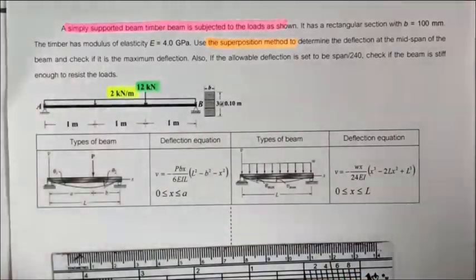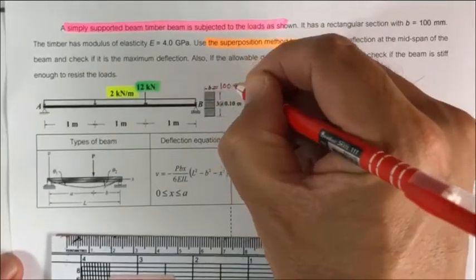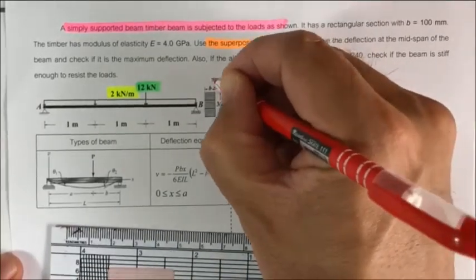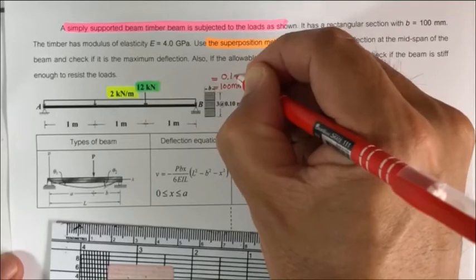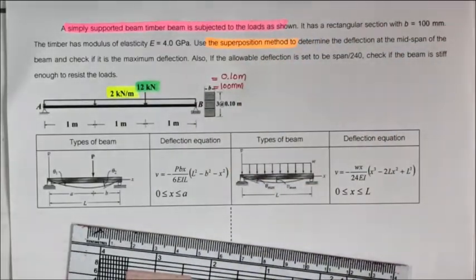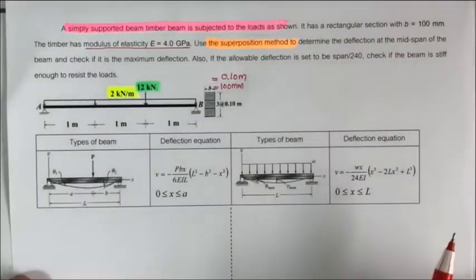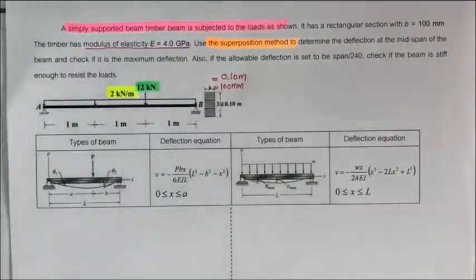The beam has a rectangular section, and the width is 100 millimeter, or 0.10 meter if you like to use meter units. The timber has a modulus of elasticity of 4 gigapascal. That is quite low, 50 times lower than steel. The steel has 200 gigapascal.